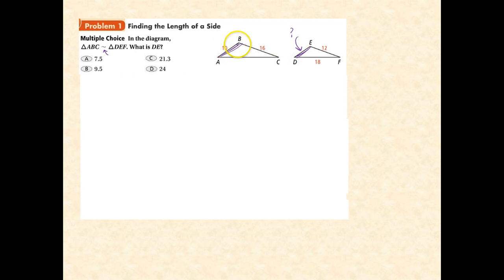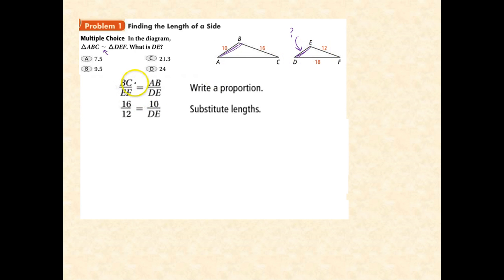Well, then we're going to need to set up a ratio here. We know that the length of BC over the length of EF is equal to the length of AB over the length of DE, because they are corresponding parts and their corresponding ratios are equivalent.